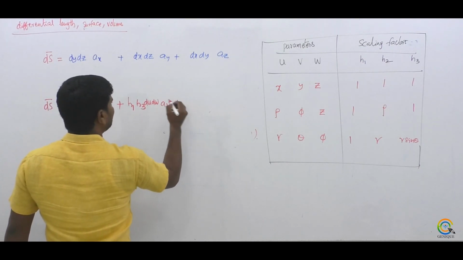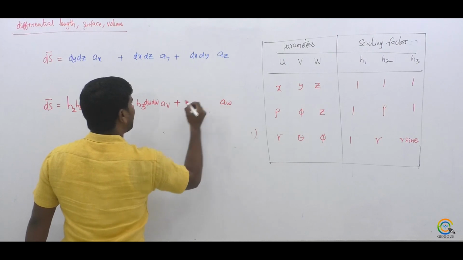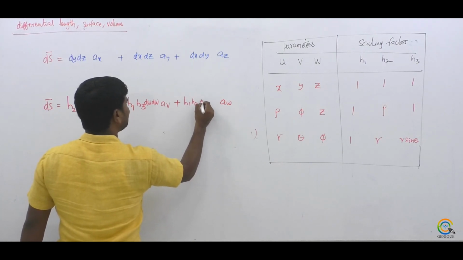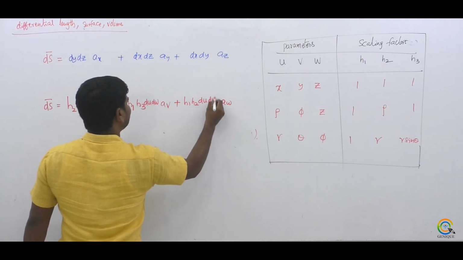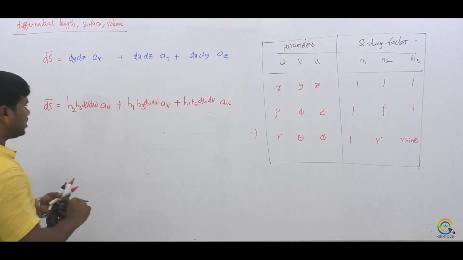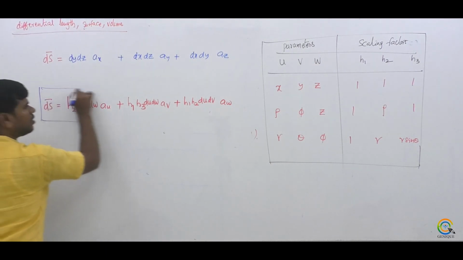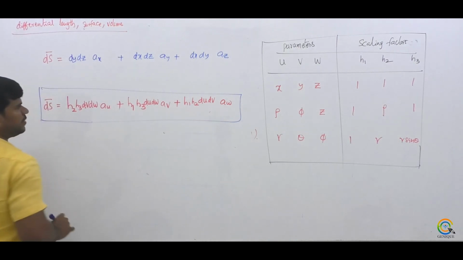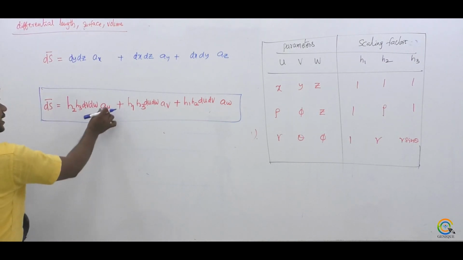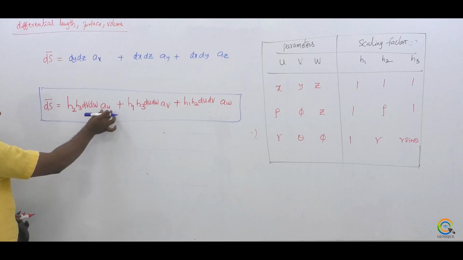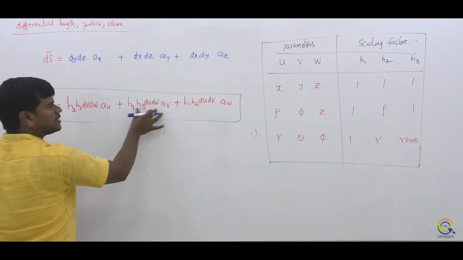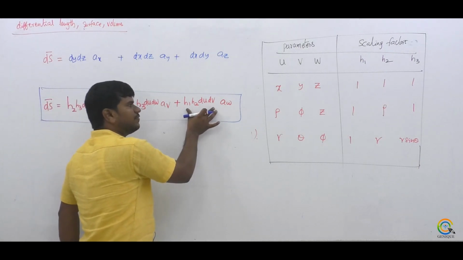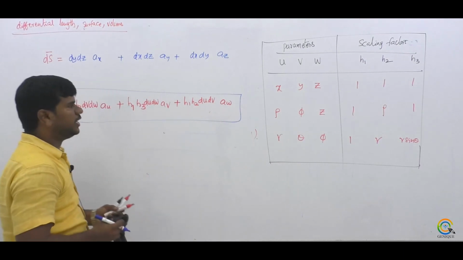Understand? Now in the direction of aw, I have to write h1 h2 du dv. This is the generalized formula for the differential surface area, in the direction of au, av and aw.